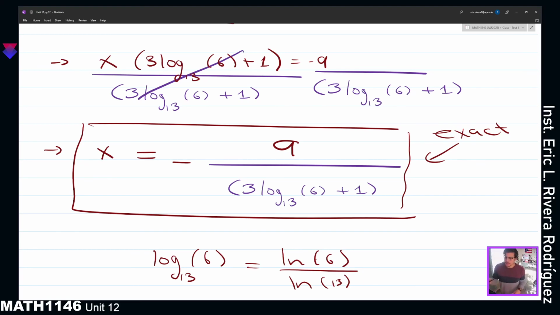So when the exercise asks for the exact answer, you don't need to evaluate. You don't need to use the calculator. Just put the expression that you got at the end of the result, following the bases that the exercise asks: base 10, base e, or natural log.